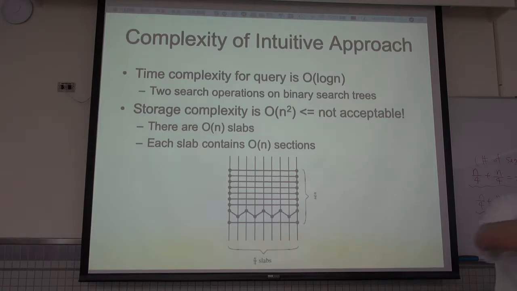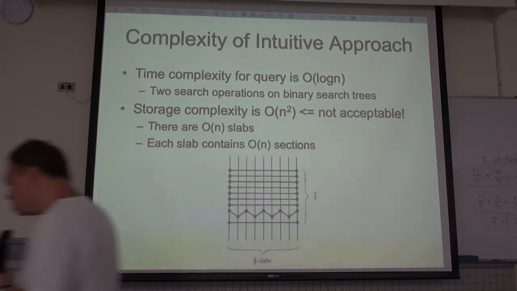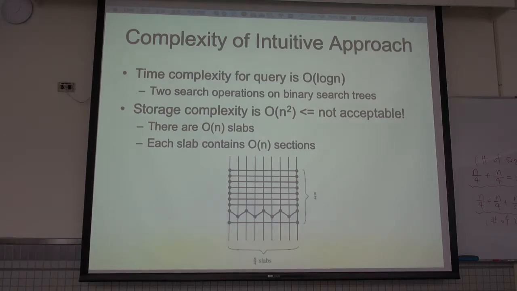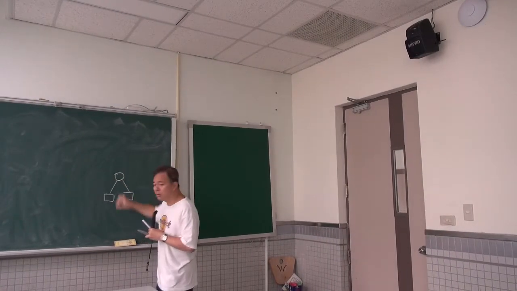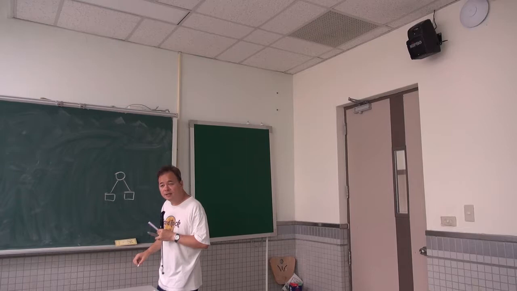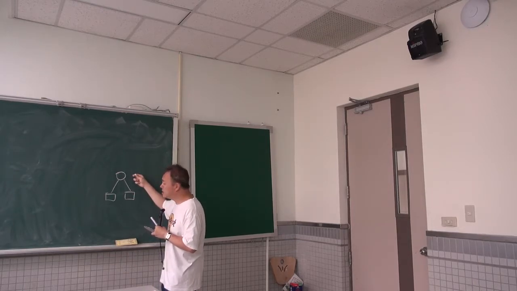If you have n leaf nodes, in a binary search tree the number of non-leaf nodes is bounded by n, so the total storage will be bounded by 2n. You can draw a very simple example. If you have 2 leaf nodes, how many internal nodes do you have? 1. It's 2 minus 1.